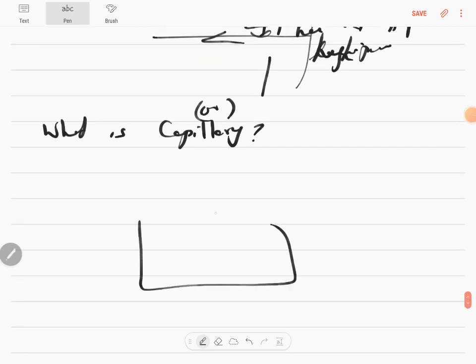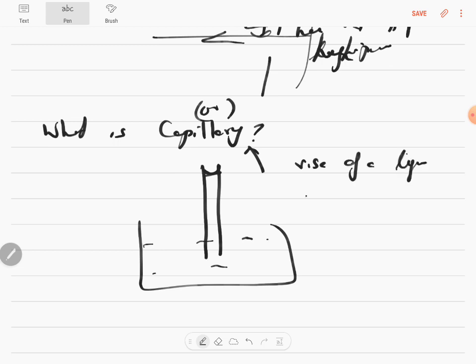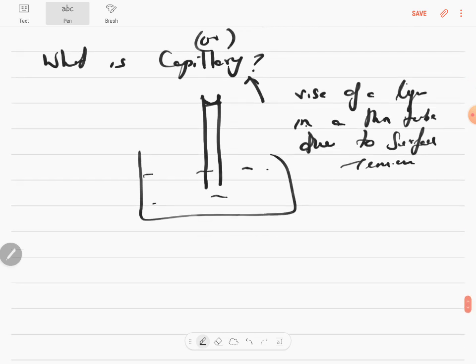So, the rise of a fluid in a thin tube, spontaneously or all by itself, is known as capillary. The rise of a liquid due to surface tension, these are the keywords: rise of a liquid in a thin tube due to surface tension is what is known as capillary rise, or capillarity.